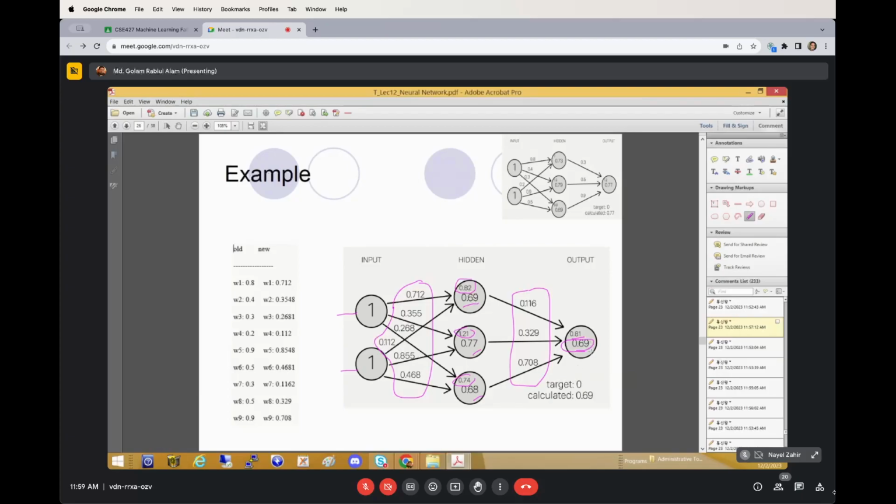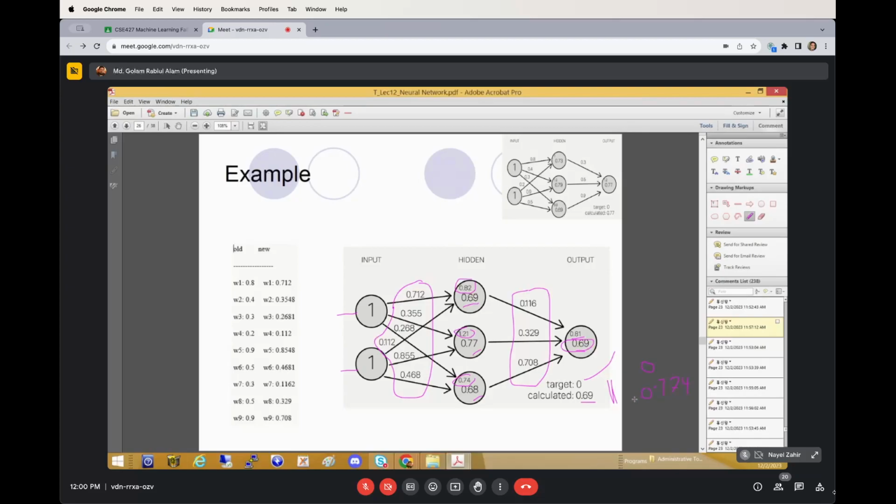It is 0.69. So our target is 0 and this time we calculated the predicted value 0.69. So it is our second iteration. If we compare with our first iteration, the target is 0 and the calculated value was 0.774.